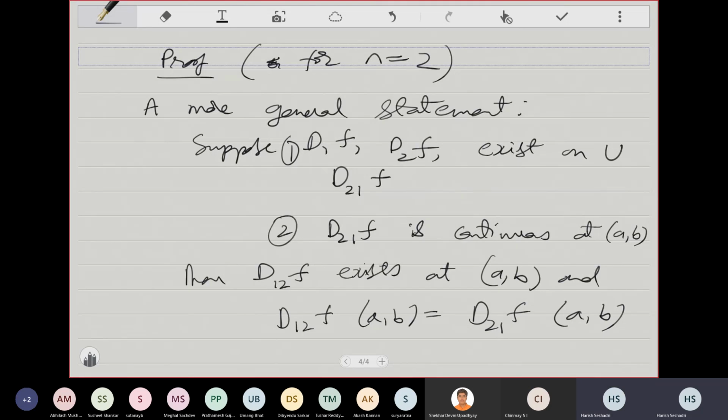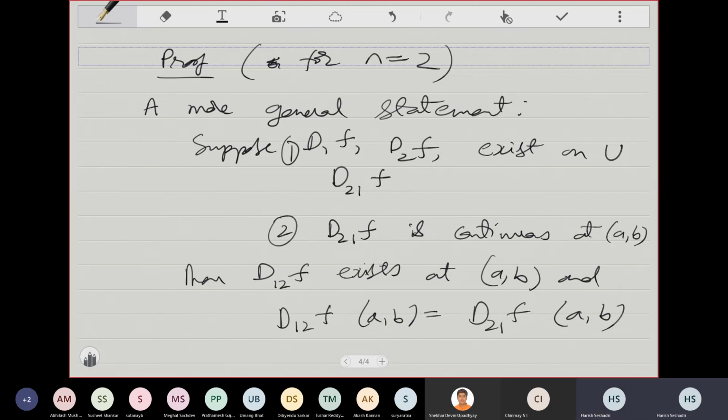The only difference between this more general statement and what I said earlier, where I just assumed f is C2, is that here we are not assuming that the other partial derivative exists. That's part of the theorem. I'm just assuming D21 exists, then I'm claiming that D12 exists as well, and the two are equal.